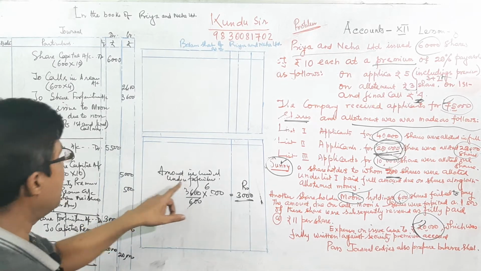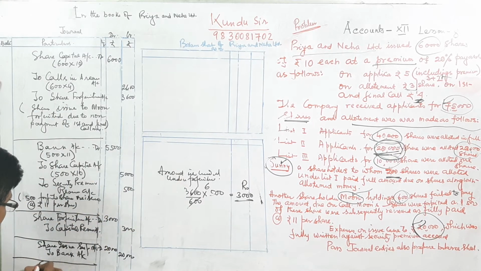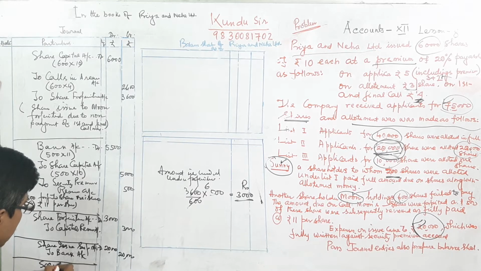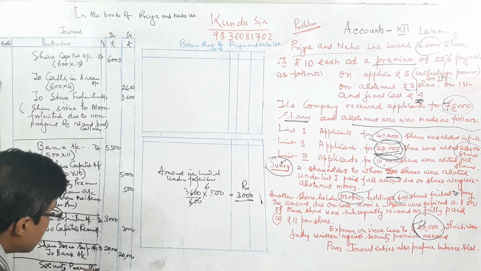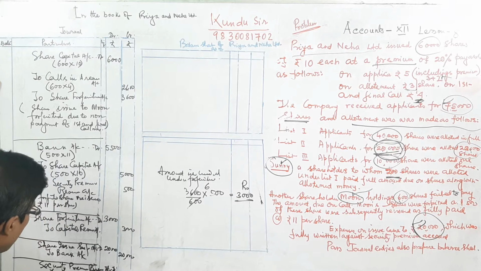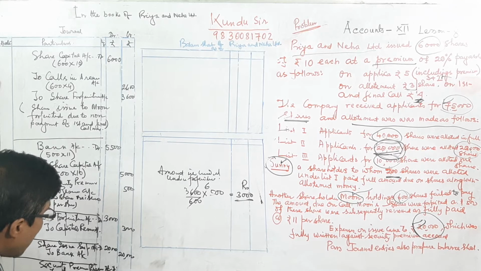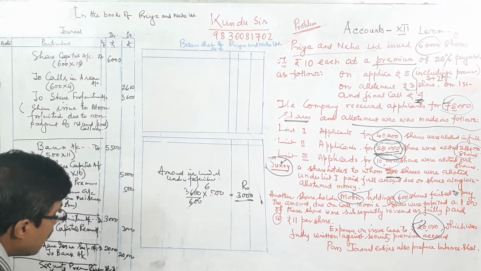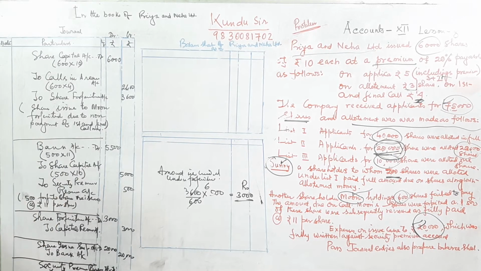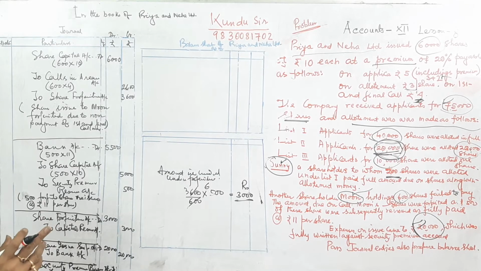But in this case, security premium reserve account debit to share issue expenses account 20,000.